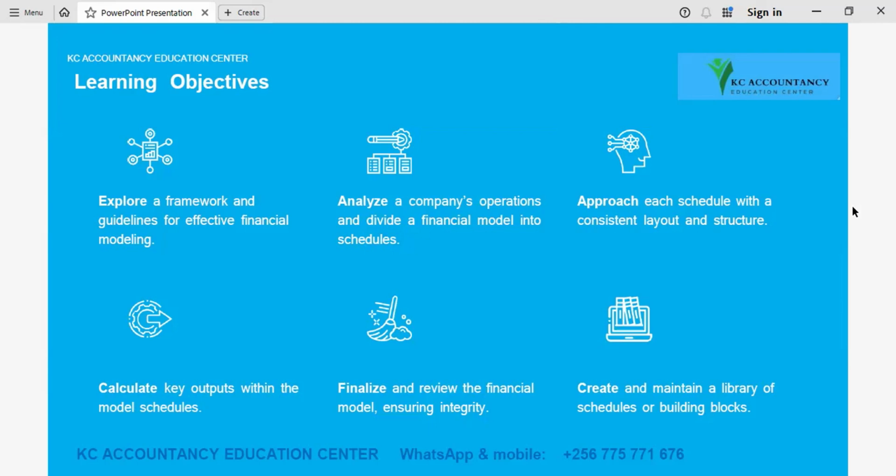So you'll be able to understand the common errors that are done when computing the income tax values, especially the current and the deferred tax, and how we'll be able to treat those in our financial models.